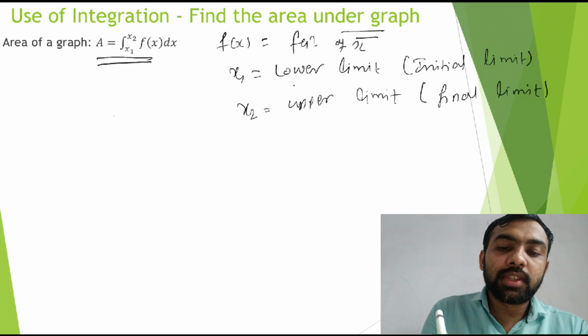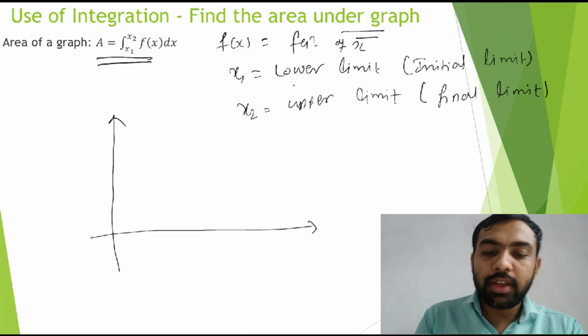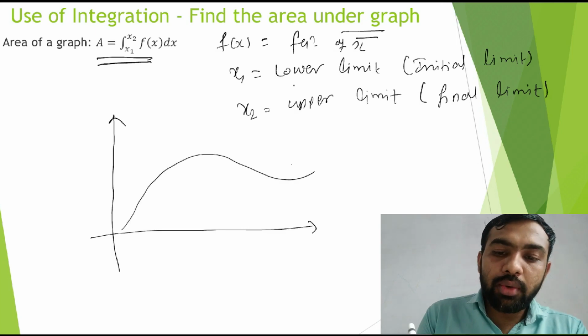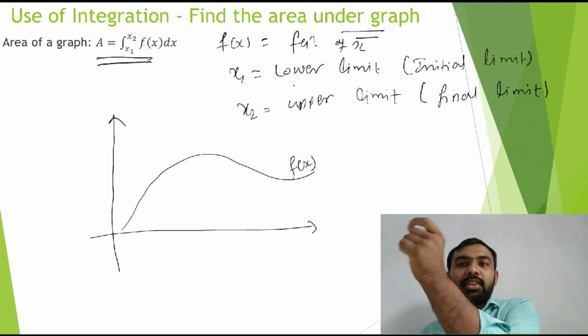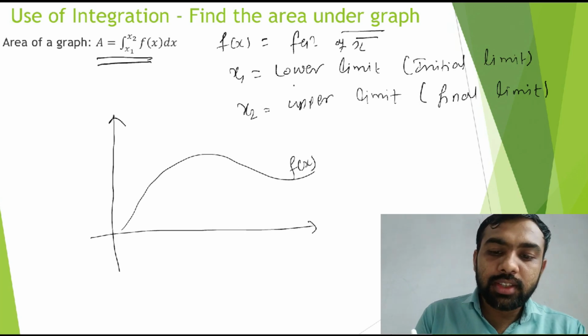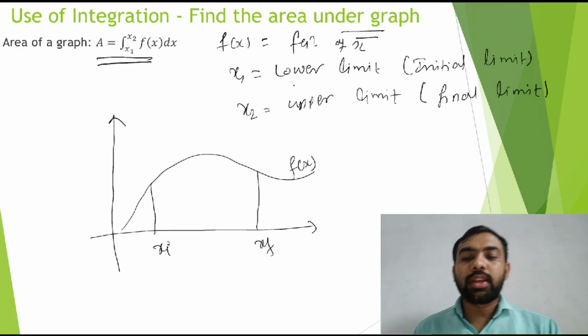For example, suppose this type of graph is given to you. This graph represents f of x. Consider this is your limit, x initial to x final.